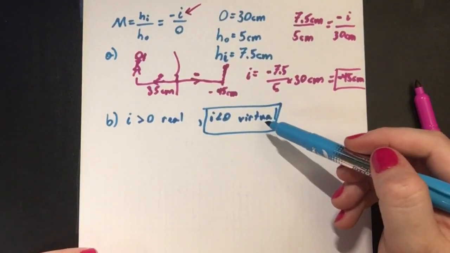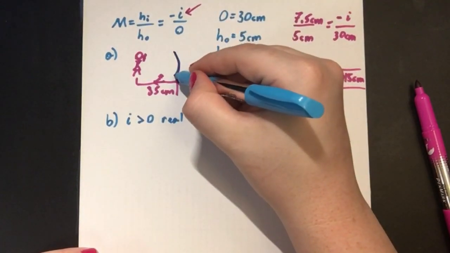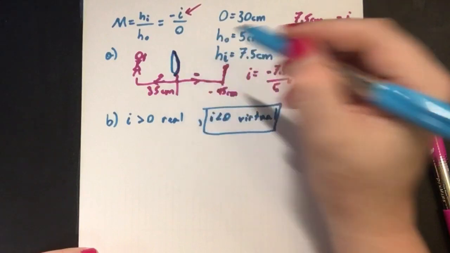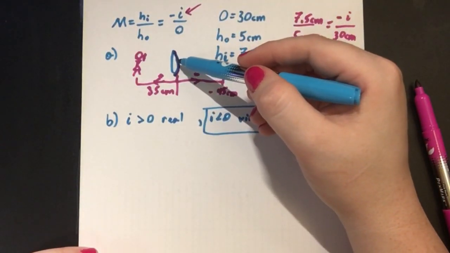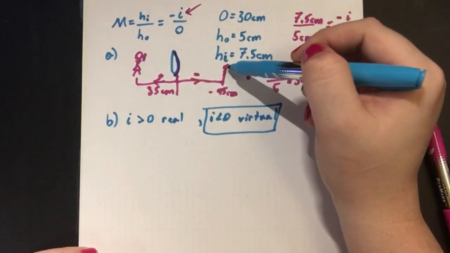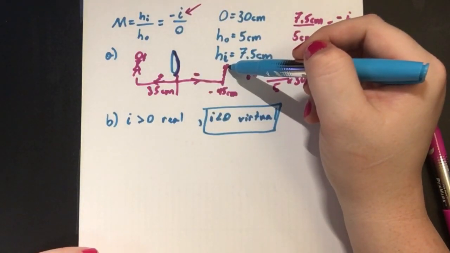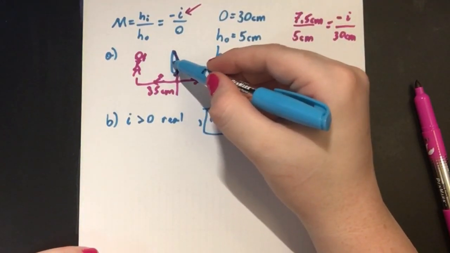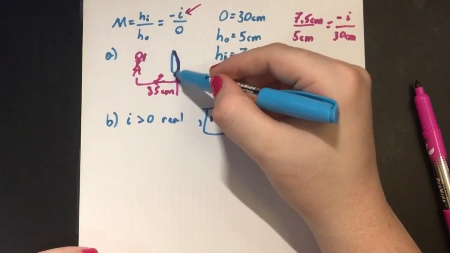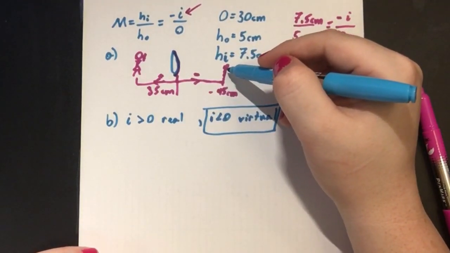And a way of remembering that is, if our mirror, which we don't know if it's concave or convex yet, is sitting here and the light ends up going behind the mirror, or our image ends up behind the mirror, there's no way for the light to pass through this mirror. It's only appearing to be back here.